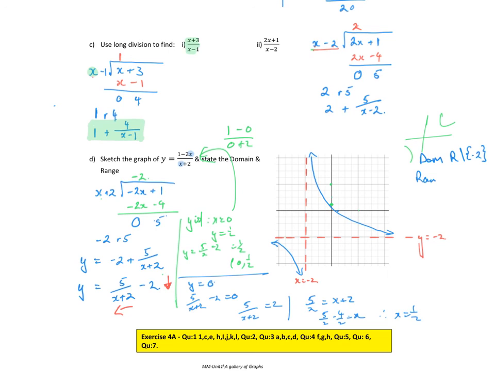I can have all of those values to there and then pick it up again. So my range, again, is all the real numbers except for -2 also. Okay, so this will help in particular with questions 4, 5 and 6 of the questions.